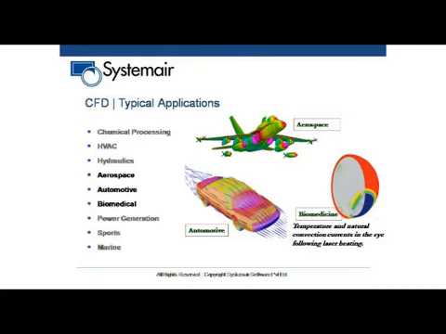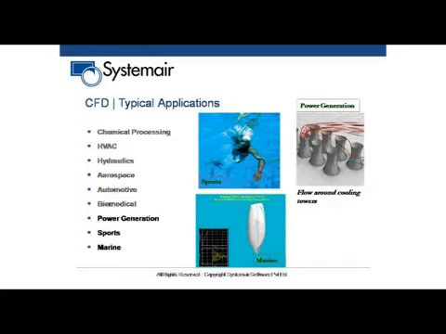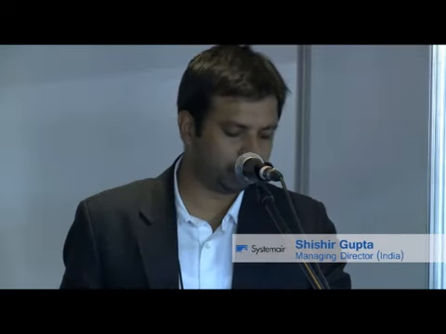The first applications of CFD were aerofoil testing of aeroplanes, in which flow around an aerofoil was tested using CFD instead of experiments, and it was a big cost saving in terms of reducing testing. Then automotive, biomedical, power generation, even sports. A sportsman like Ian Thorpe uses CFD to improve his stroke so that he can move faster in water. And marine applications. So these are the various applications we have.